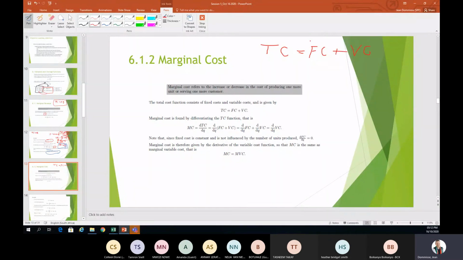We just need to remember from the first 2 study units what total cost actually is. But otherwise, to get to marginal cost, we differentiate total cost.